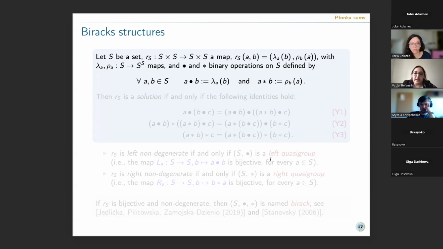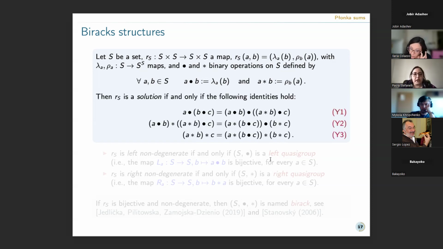So if S is a set, and we write a map r from the Cartesian product S times S into S times S, and we write r by using two maps lambda a, rho b, as I said before, for solutions. We can define in an easy way two binary operations, dot and star, a dot b equal to lambda a of b, and a star b equal to rho b of a.